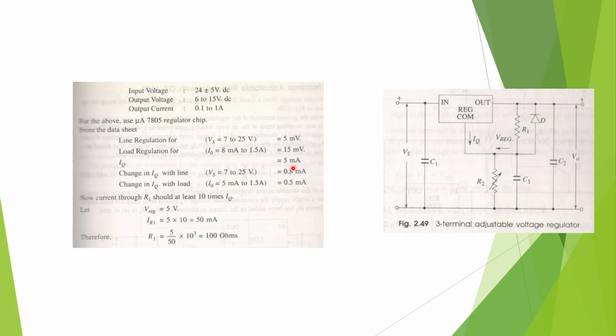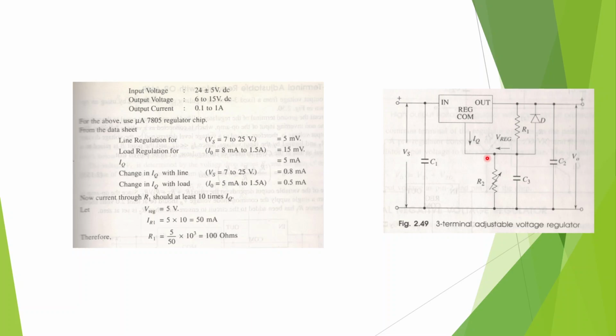IQ is given as 5 milliampere, so 10 times 5 is 50 milliampere. So we know the voltage here and we know the current here. So the value of R1 is calculated by Ohm's law: voltage upon current gives you the value of the resistor. So in our case it is 100 ohms.